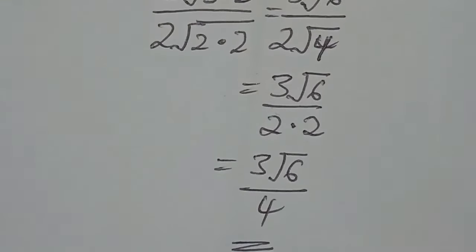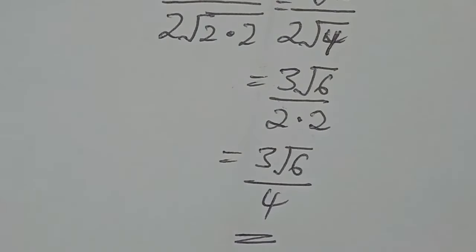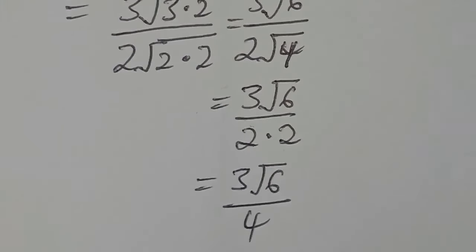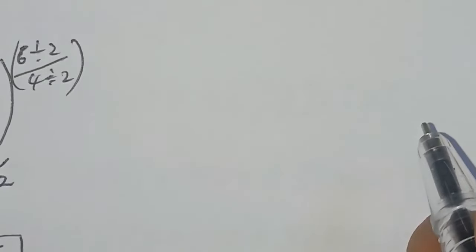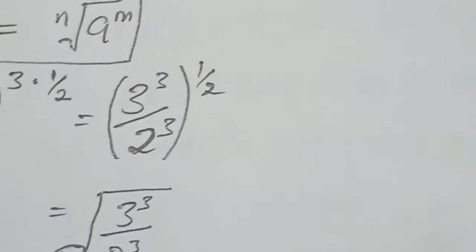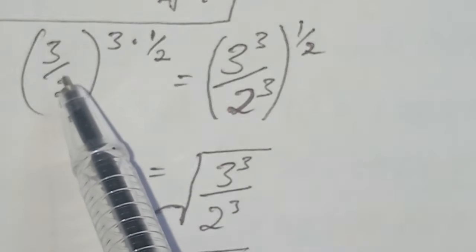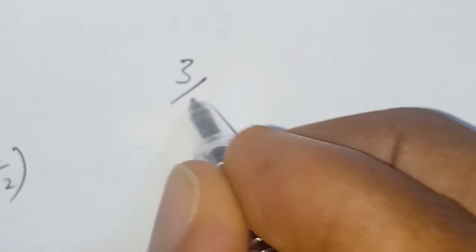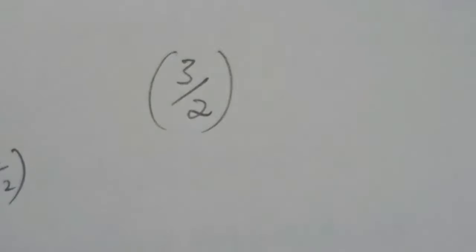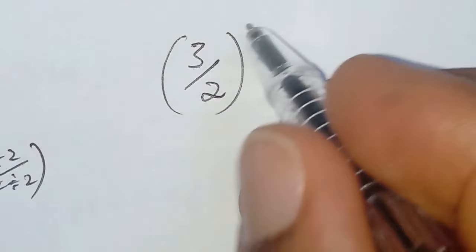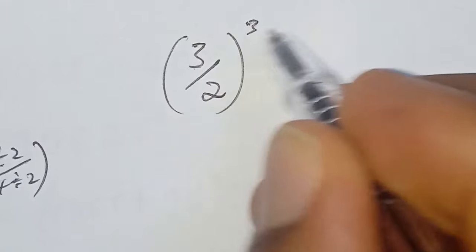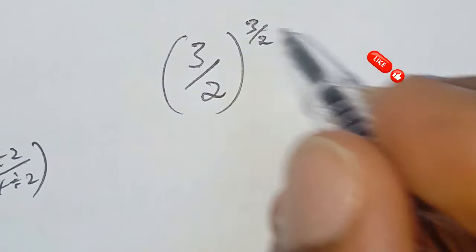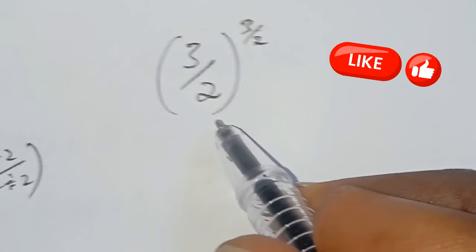Then another thing you can do is a shortcut approach. What you can do to simplify this is to return back to where we simplified this expression as 3 over 2 in brackets to the power of 3 over 2.